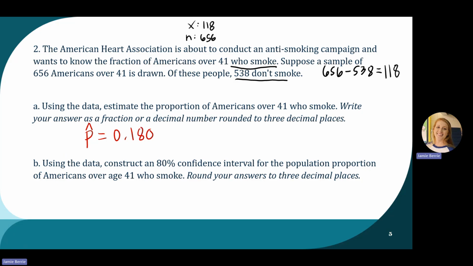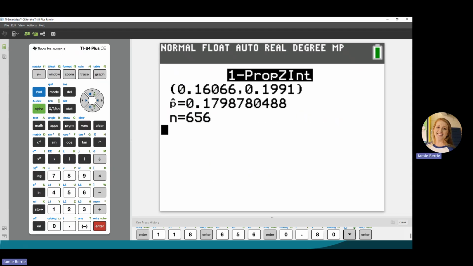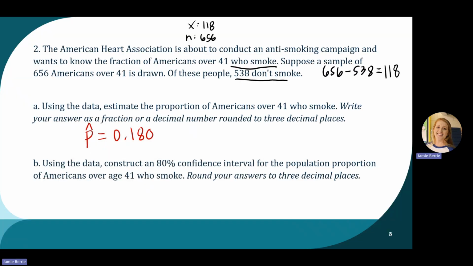So we would say we're approximating that 18% of Americans over 41 smoke. All right, and there's our numbers, 0.161, 0.199.